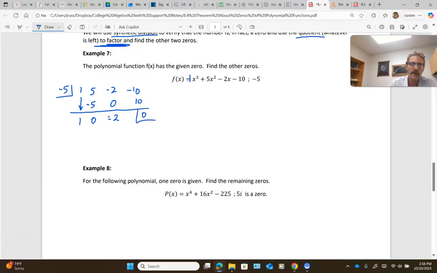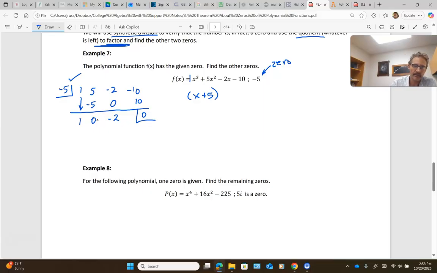So not only does this tell me that -5 is a 0 of the polynomial, it also tells me that x plus 5 is a factor. And furthermore, it tells me that the quotient that these numbers correspond to down here is another factor.